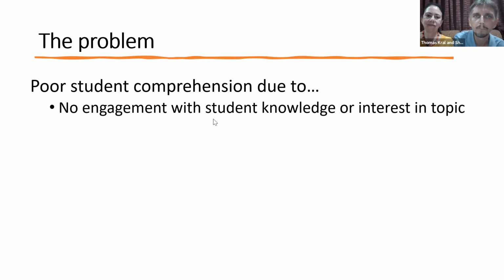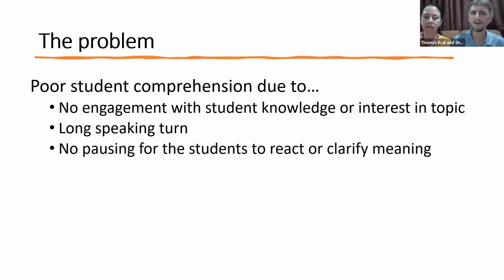Not all my buttons are working very well. So he takes a very long speaking turn. Of course, teachers are going to teach, they are going to impart information, but his speaking turn is quite long. He doesn't pause for the students to react or to clarify meaning. It's simply relaying information.